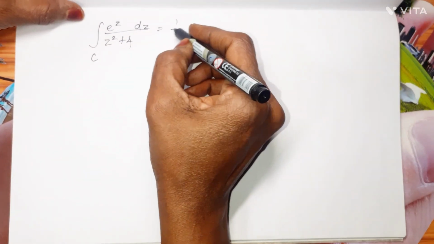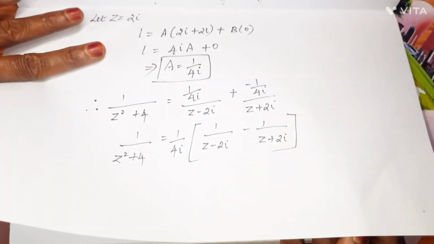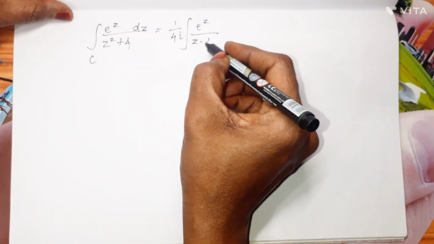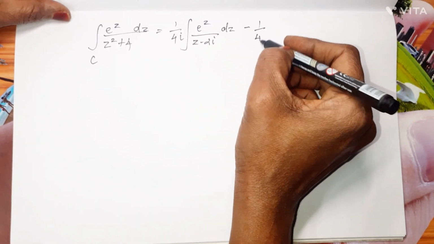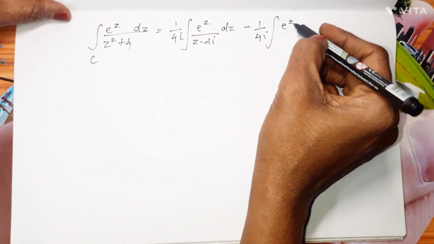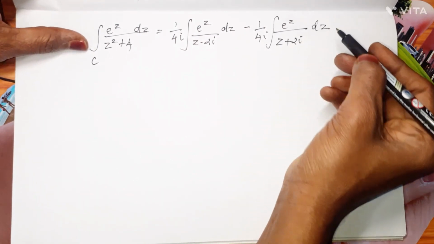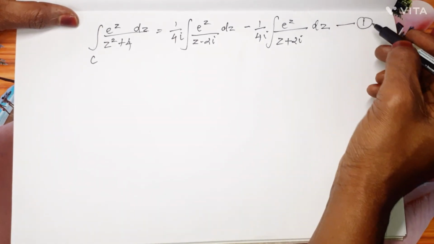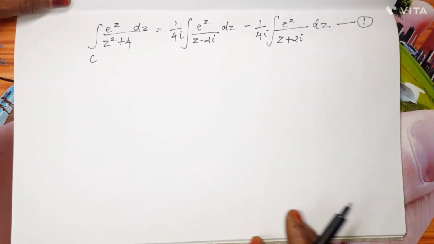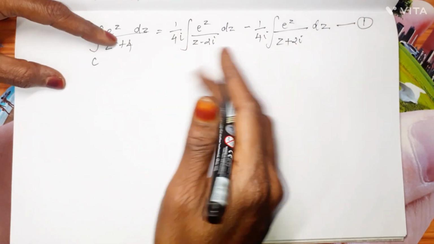So 1 by 4i integral e power z by z minus 2i dz minus 1 by 4i integral e power z by z plus 2i dz. So let this equation be equation number 1. We are going to find these two integrals separately.